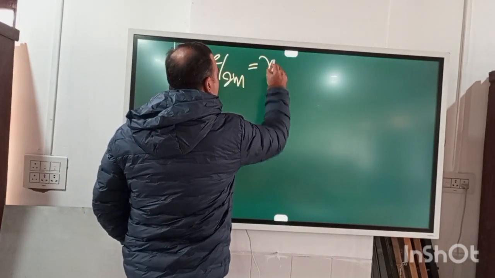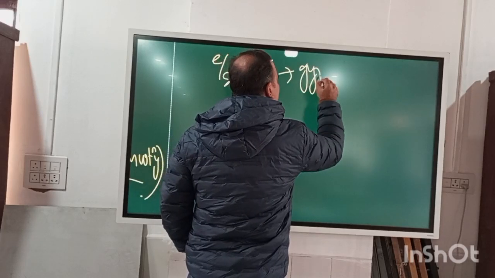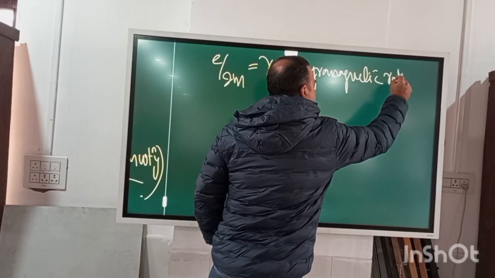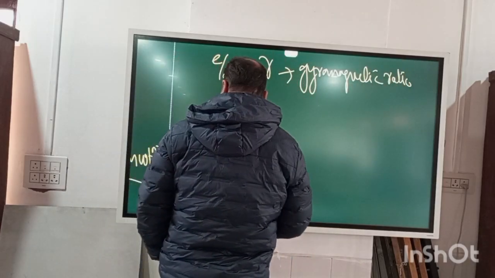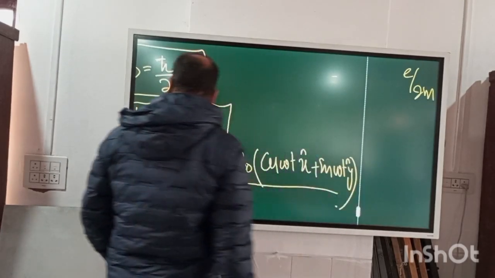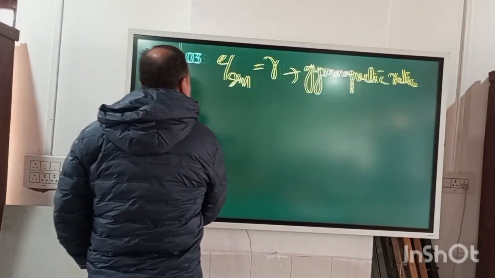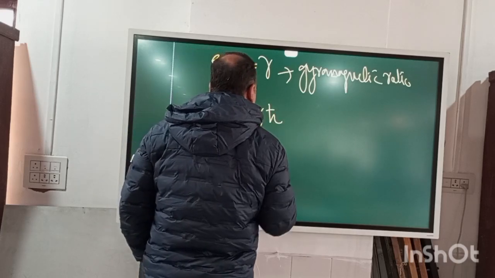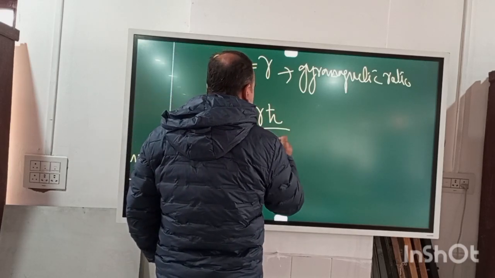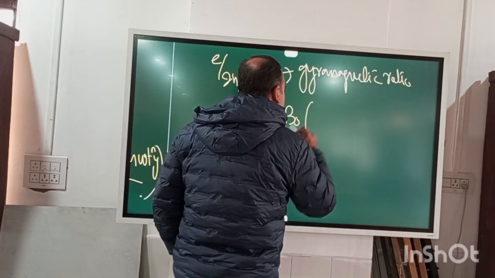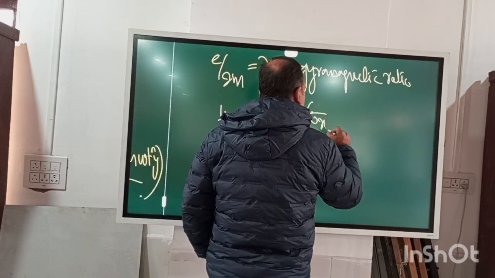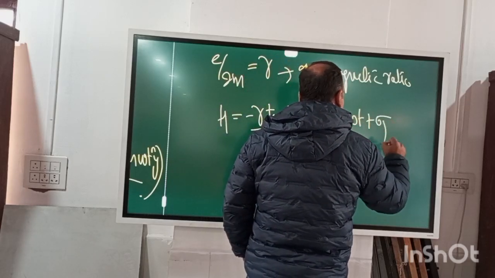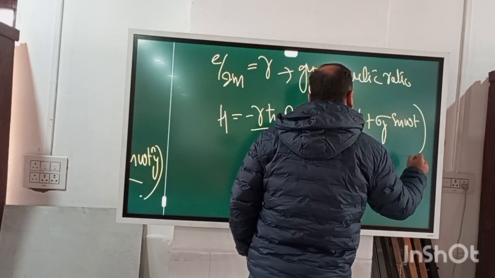For e by 2m, we can use gamma, what's called the gyromagnetic ratio. And the Hamiltonian can be written as minus gamma h bar by 2 B naught times sigma x cosine omega t plus sigma y sine omega t.